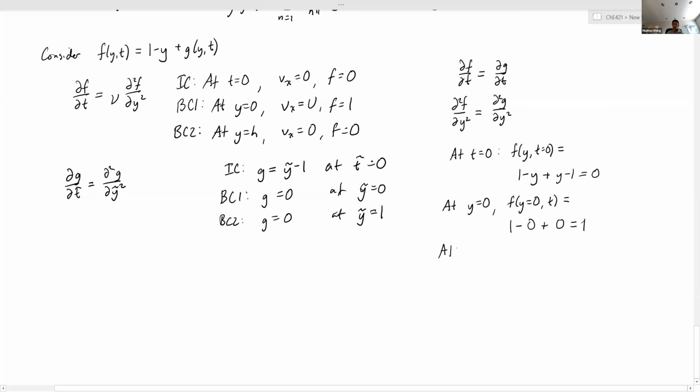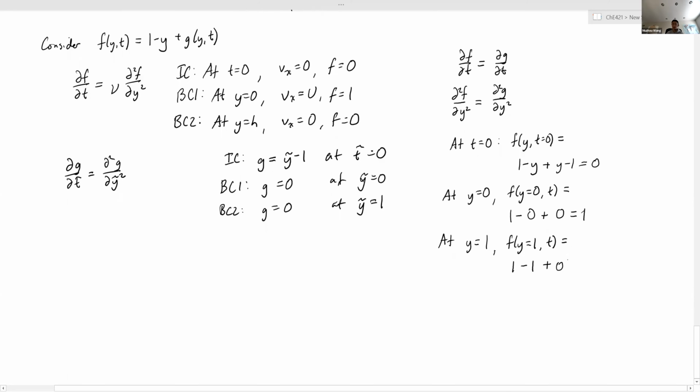And then at y equals 1, or h, I'm being fast and loose with the squigglies, but hopefully it kind of makes sense, right? F of y equals 1 is equal to, again, 1 minus y, but y is 1, so 1 minus 1, plus g evaluated at y equals 1, which according to this boundary condition is equal to 0.